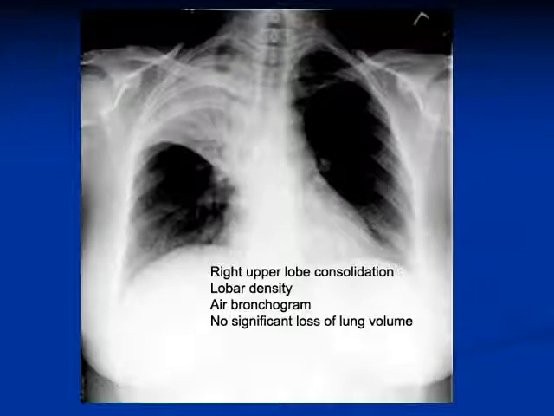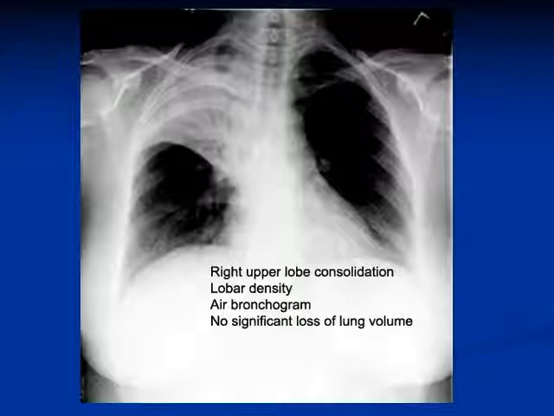Here, there is homogeneous opacity in the upper lobe, and this is the transverse fissure. You see this homogeneous opacity, there is some area which is translucent in it. This is called air bronchogram. So this consolidation is present in the upper lobe.